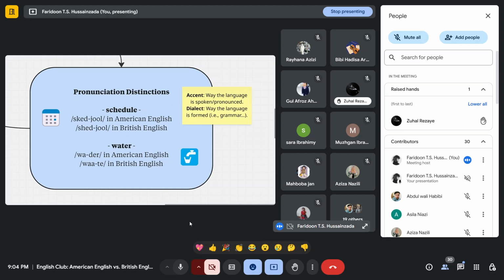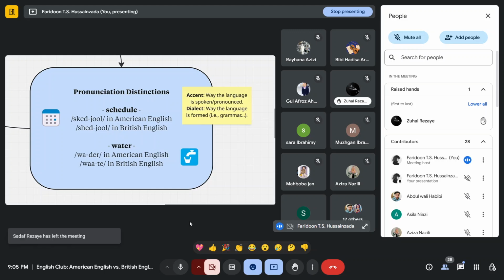When I said British English could mean other things, that is because Great Britain is not one country. Great Britain is actually made up of three different countries. I believe it is Wales, Scotland, and the UK or something like that.